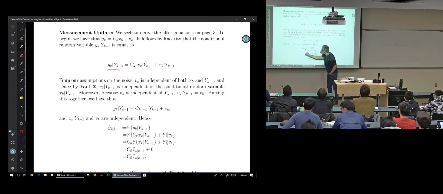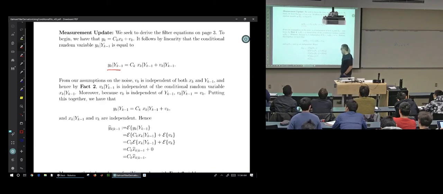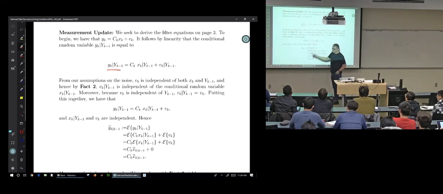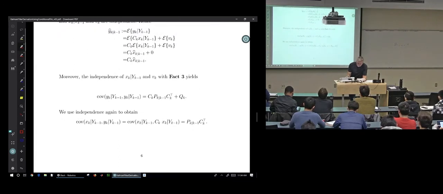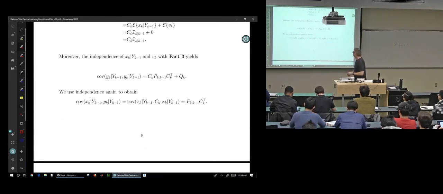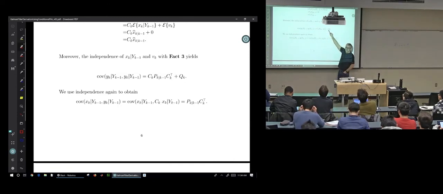So calculating the mean of yk given Yk minus 1, it's just Ck times the mean of x at time k given k minus 1. So that part is easy.